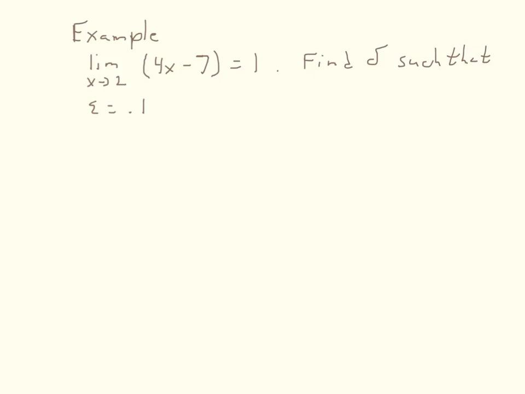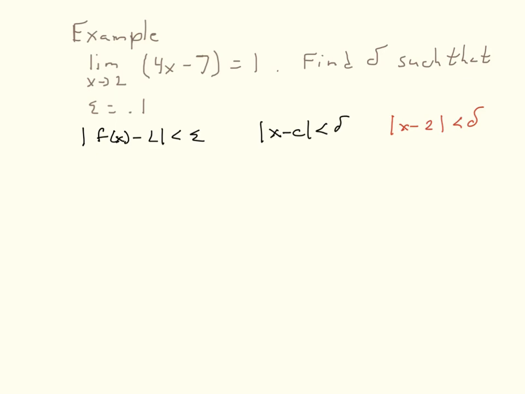I know by the definition that the absolute value of f of x minus L is less than epsilon, and I know the absolute value of x minus c is going to be less than delta. Well, for this particular problem, c is 2. So I want to look at the absolute value of x minus 2, and I want to find a number that I can plug in for delta to make this true.